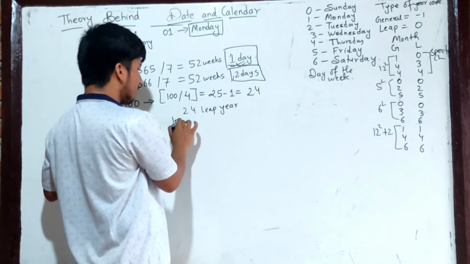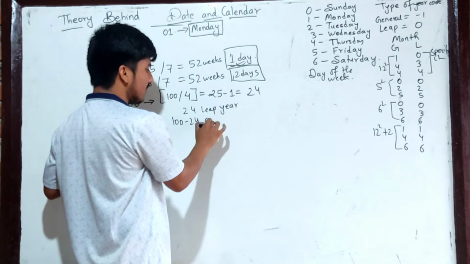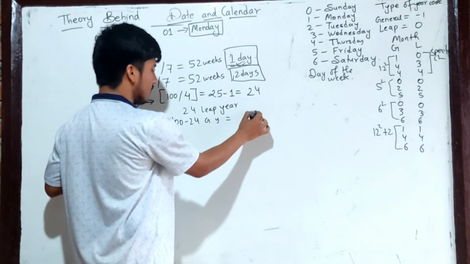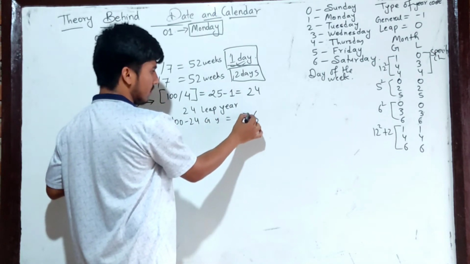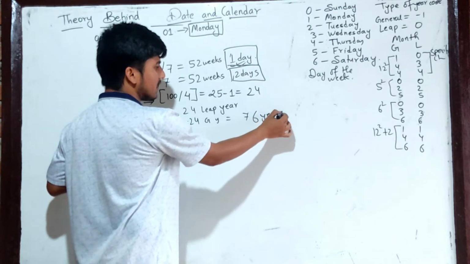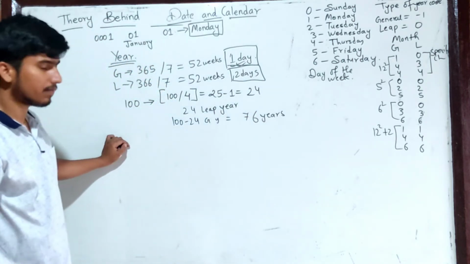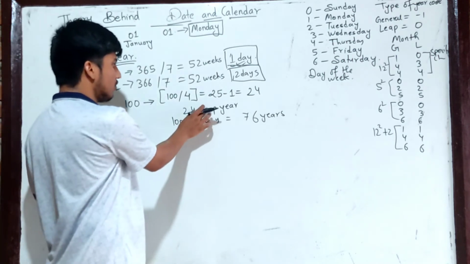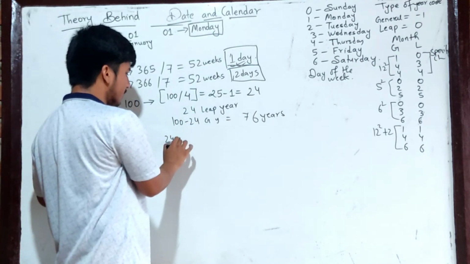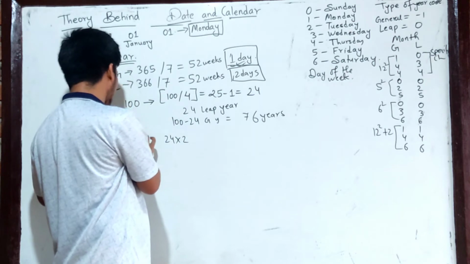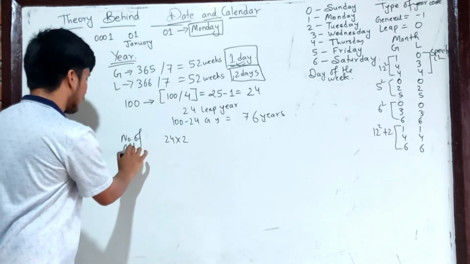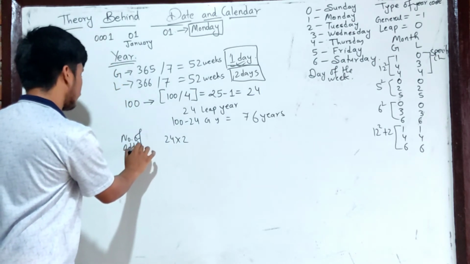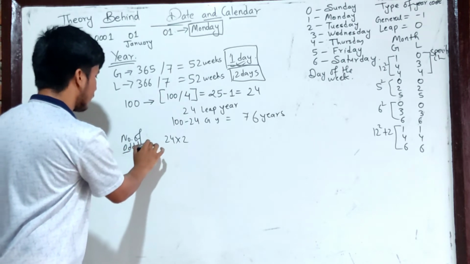and 100 minus 24 general years. This gives us 76 general years and 24 leap years. So in 24 leap years, we know that in each leap year there are 2 odd days, right?